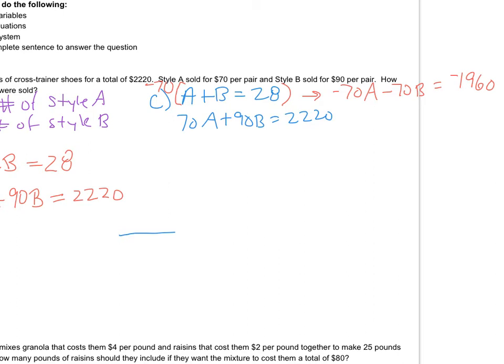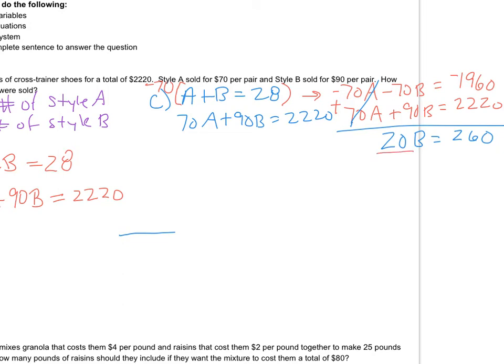The bottom equation stays as it is, 70A plus 90B equal to 2,220. Then we can go ahead and add these 2 equations together. The 70A terms cancel out. Negative 70B plus 90B gives me 20B equal to 260.